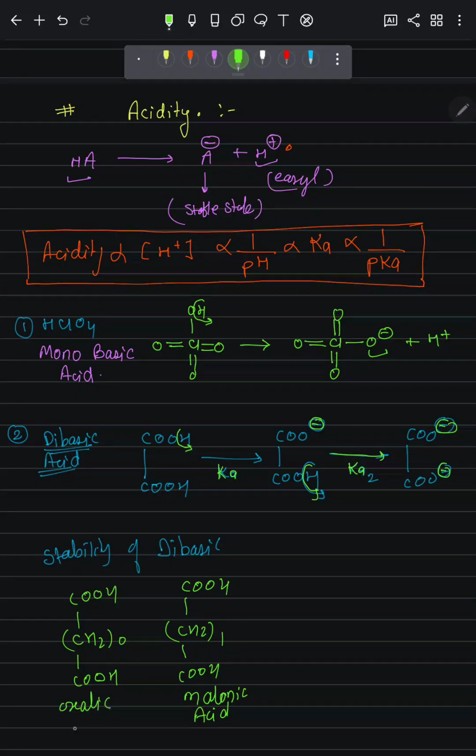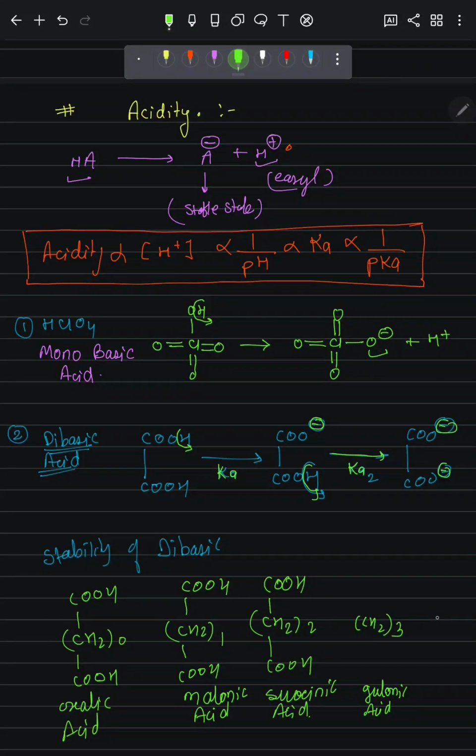And this is called succinic acid. And there is glutaric acid, which has CH2 thrice, and CH2 four times will have adipic acid, with a COOH and a COOH. This is the structure of these.